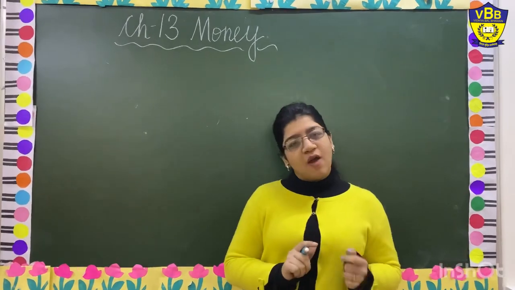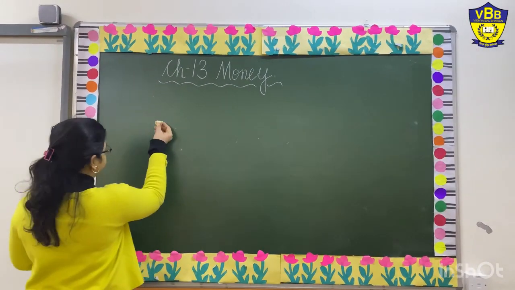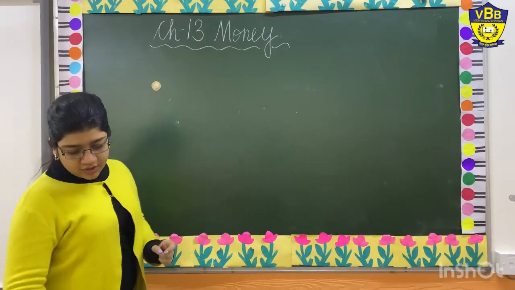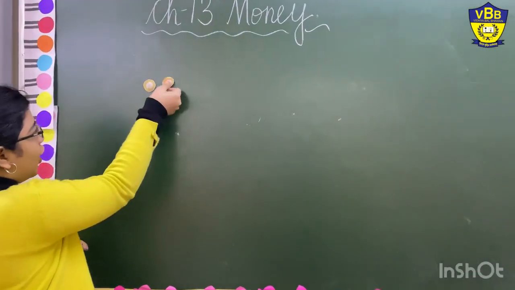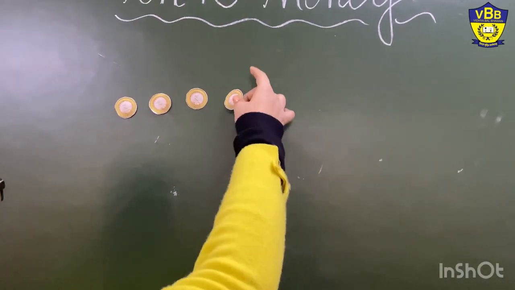I have one example for you all. I am pasting money right here. I have rupees 10 coins. These are the coins of rupees 10.